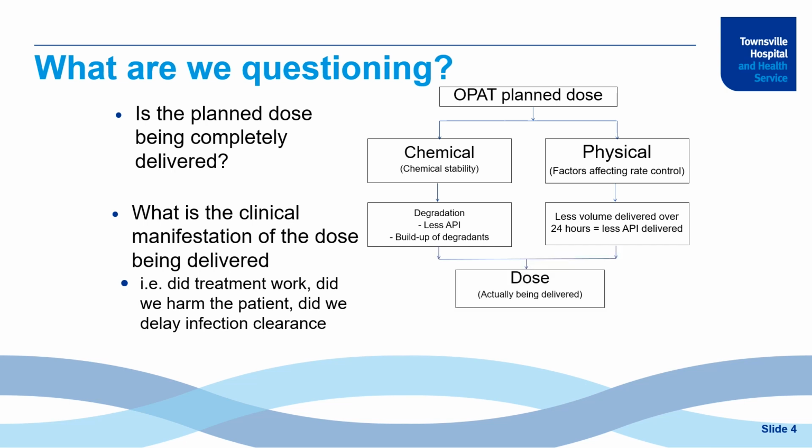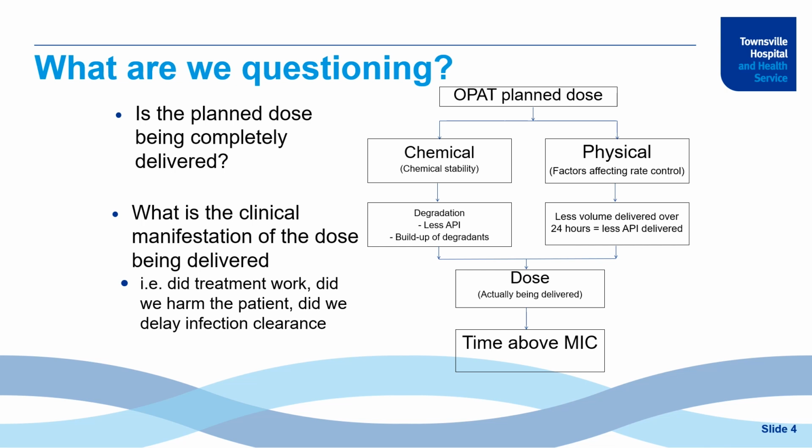So both of those factors together combine to tell us what is the total dose that actually ended up getting into the patient from the beginning point of what the OPAT planned dose was. Now, from the dose being delivered, we ask ourselves, what's the effects? So what's the clinical manifestation? So does it maintain time above the MIC throughout the course of these infusions? That's what we're wanting to know.